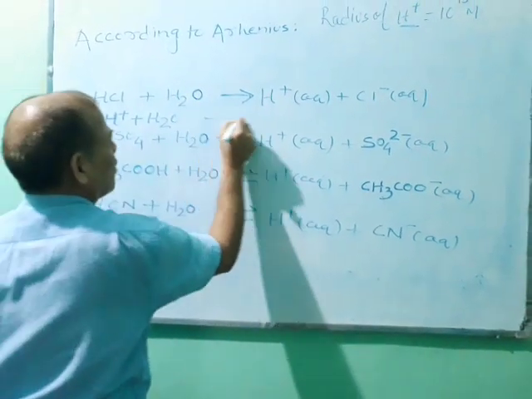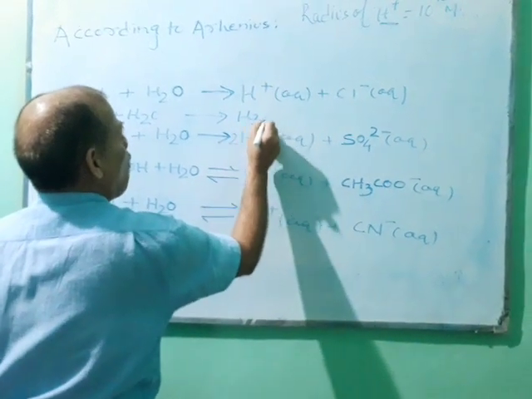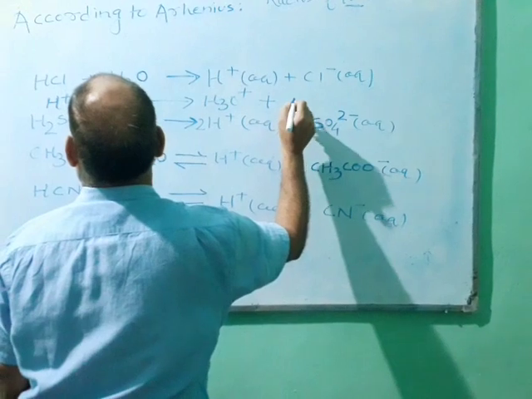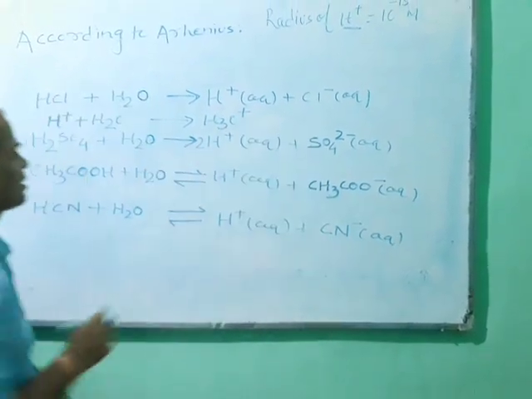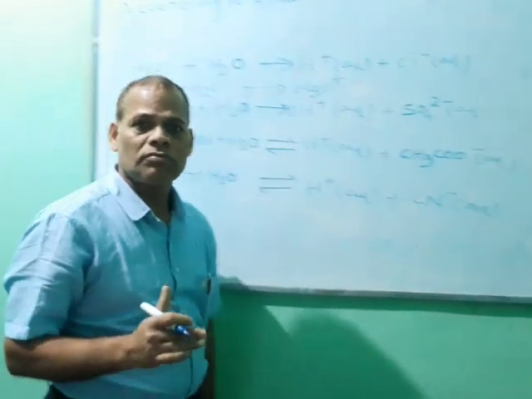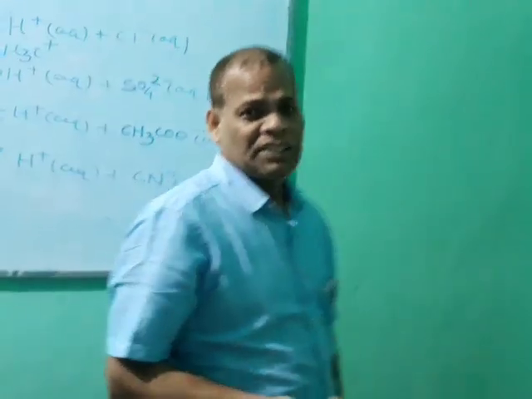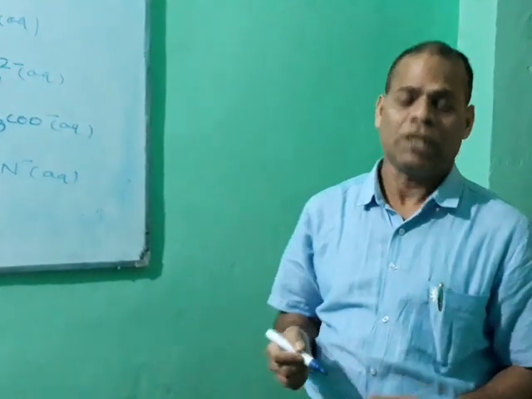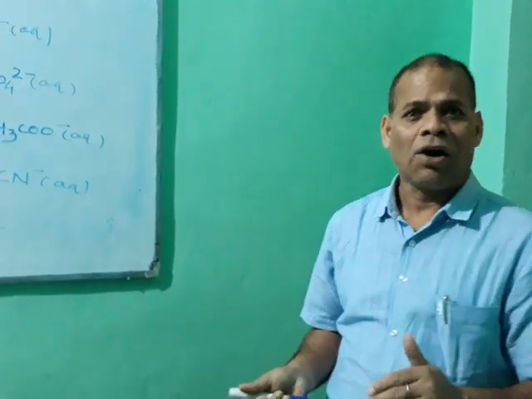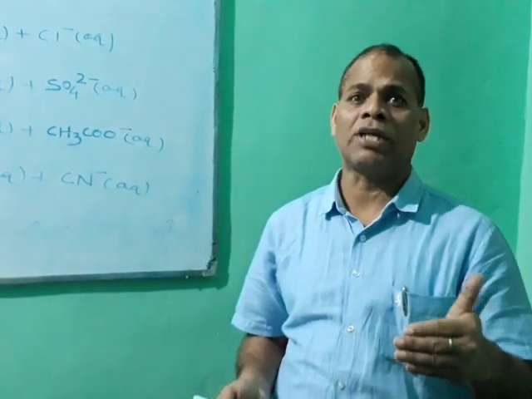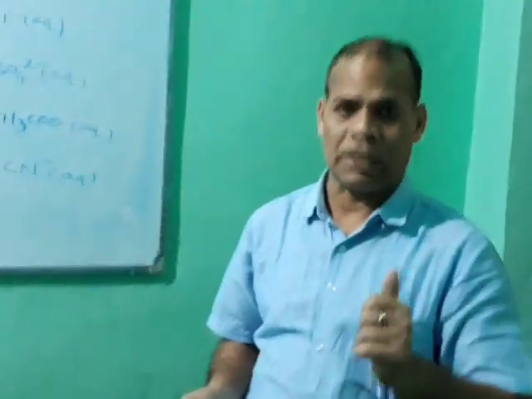It combines with water and gives H3O plus. So instead of saying that acids are those substances which dissociate in solution or give H plus, rather we should say H3O plus.